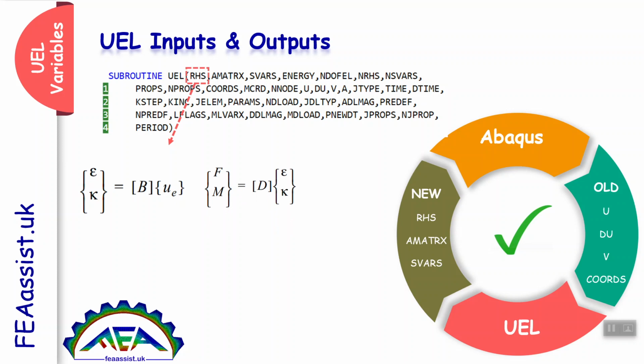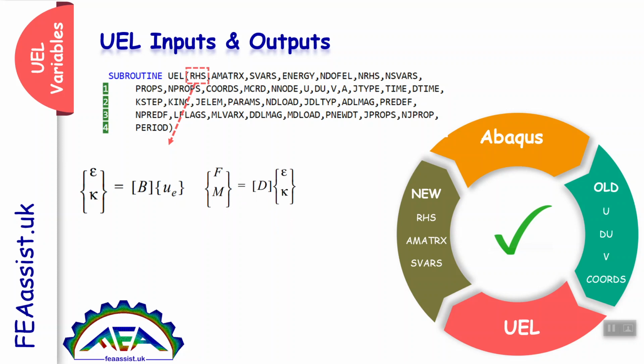And when we compute strain and curvature, then we can compute the force and moment from this strain and curvature with D. D here is a stiffness matrix, or in one-dimensional problems, F equals D epsilon. D is E, the Young modulus, the elastic stiffness matrix. So this is the constitutive equation.